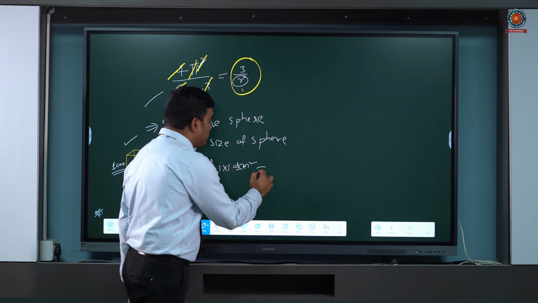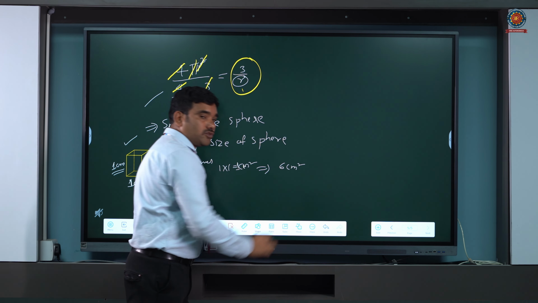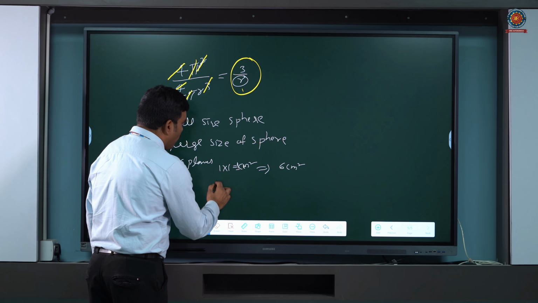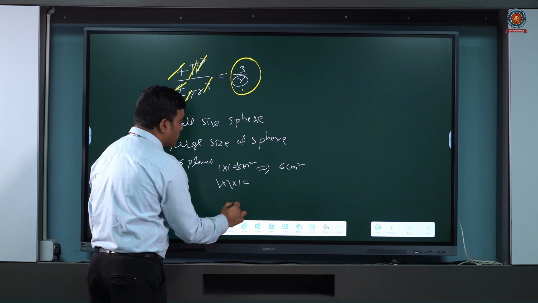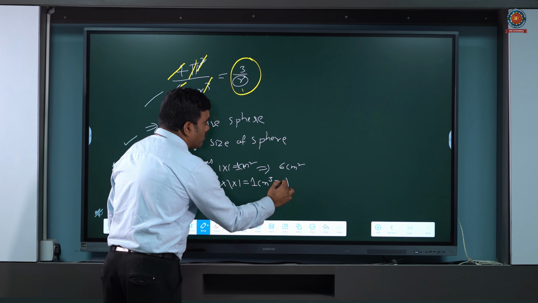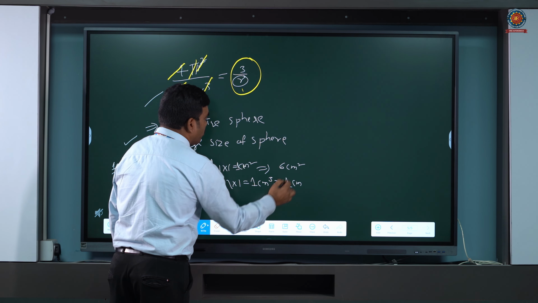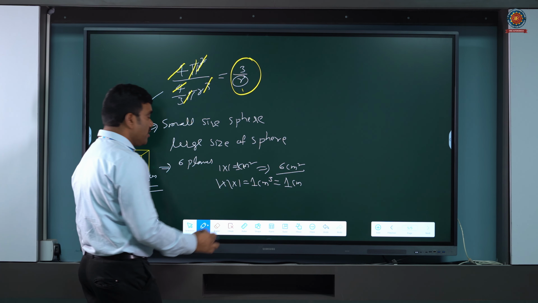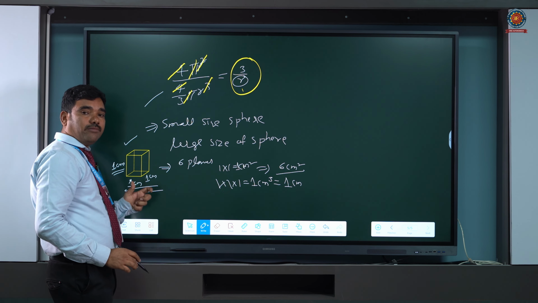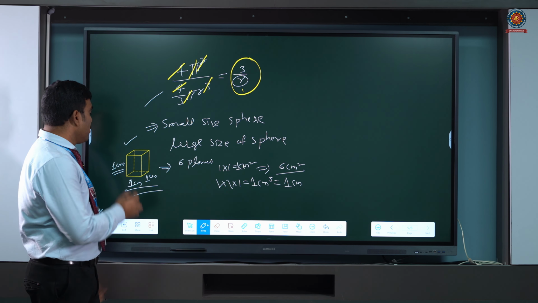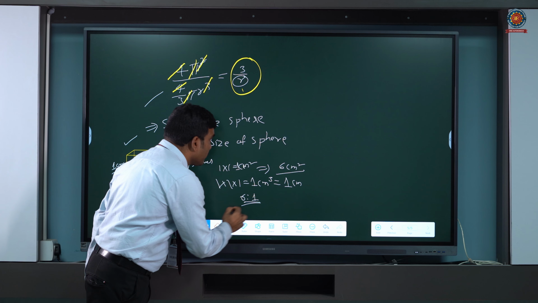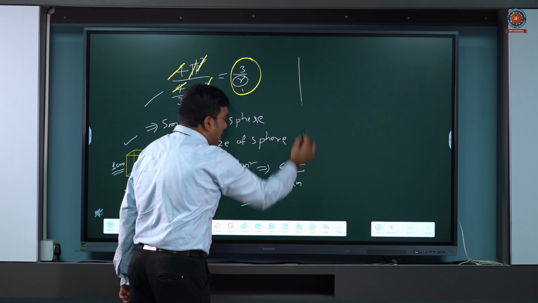Total surface area equals 6 planes, 6 centimeter square. Now the cube volume equals 1 into 1 into 1, which is 1 centimeter cube. So the ratio for this cube is 6:1.